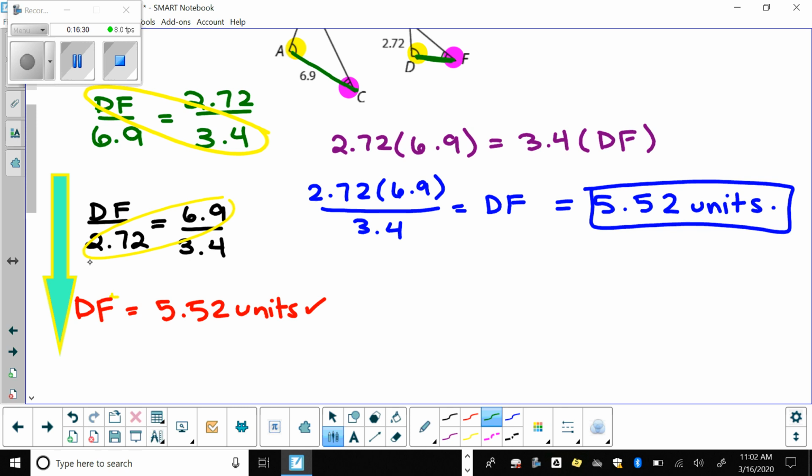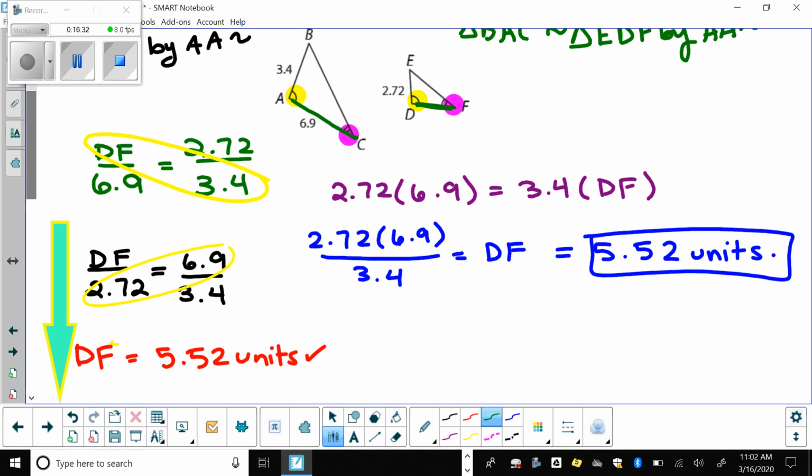Here's a different way you could have set up your proportion, and you will get the same answer as long as you're consistent.